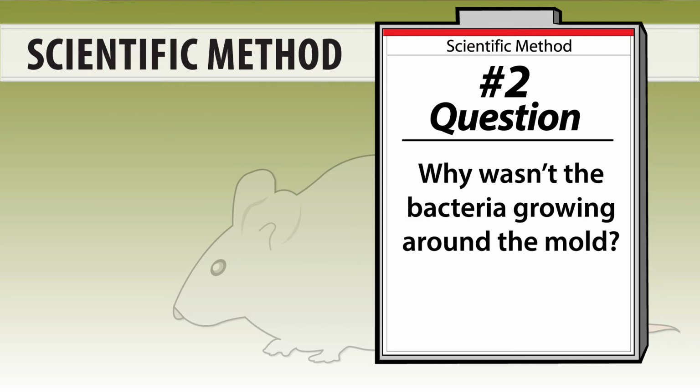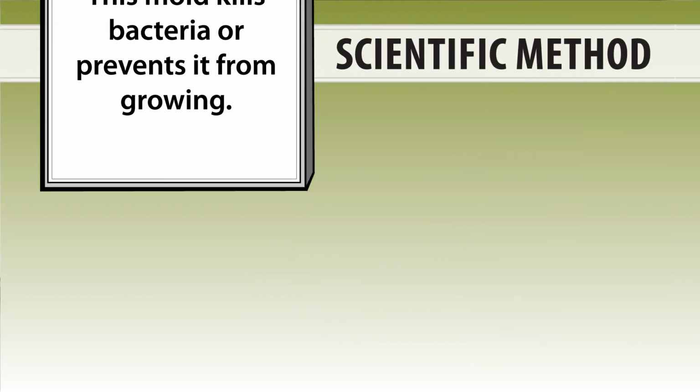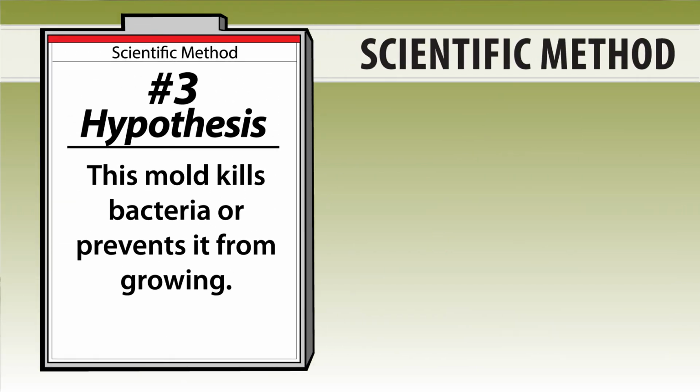Because he made this observation, he asked the question, he came up with a hypothesis that the mold has some sort of factor in it that kills bacteria or prevents bacteria growth. And based on this observation, which other people hadn't made before, this actually led to the discovery of the antibiotic penicillin. So again, observation, very important point. Alexander Fleming's observation has now saved countless lives.